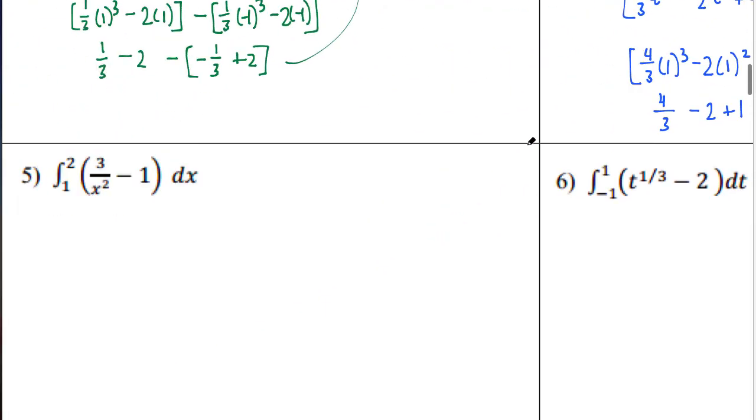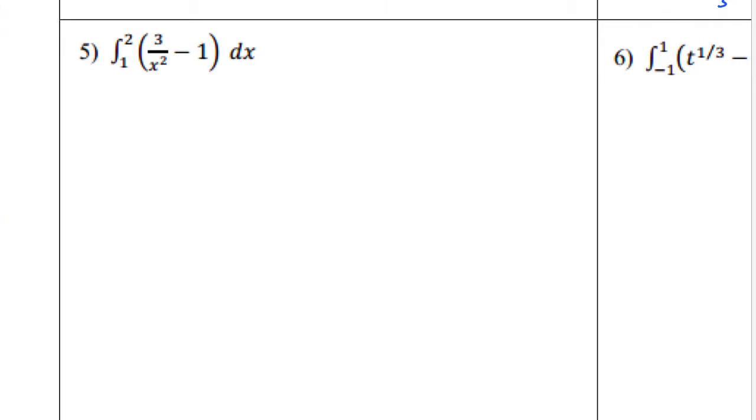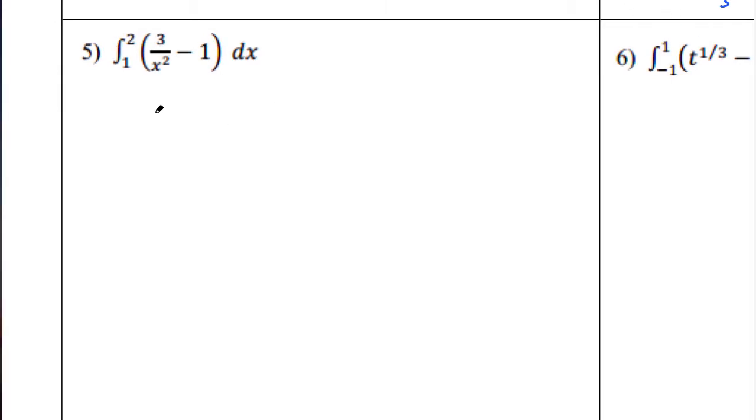So moving on to the next problem and changing colors. So here we start working with negative exponents. So I'm going to rewrite this. So I have the integral from 1 to 2 of 3 over x squared minus 1 dx. So I'm going to rewrite this as a negative exponent because that makes it easier for me to visualize my antiderivatives.